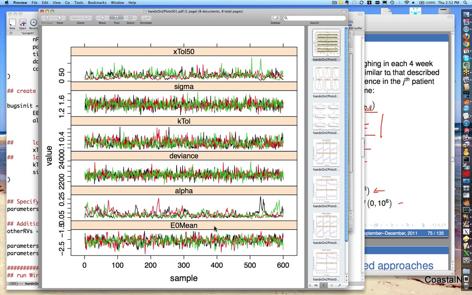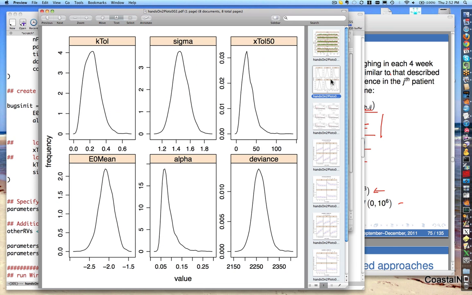But at least for this example, I just went ahead and eliminated that degenerate case by putting some lower bounds on these, and I suspect it was the lower bound on k-tol that made the primary difference. Now we can look at our marginal posteriors here, all looking quite plausible.